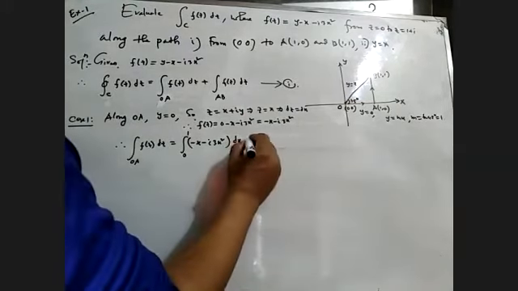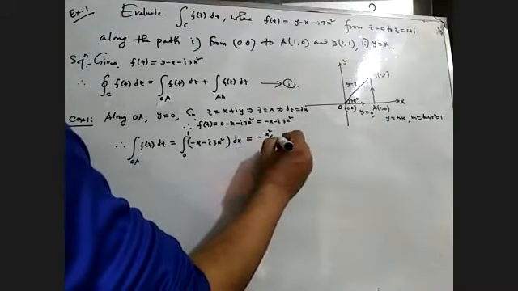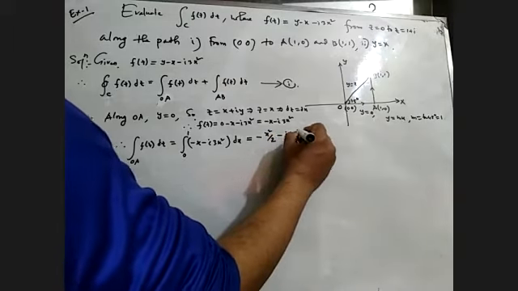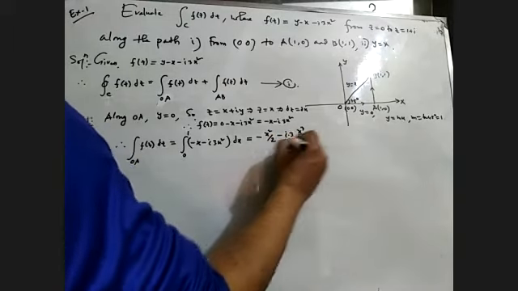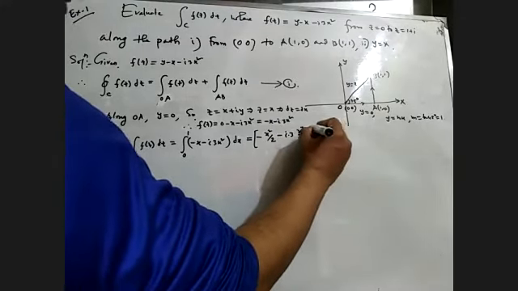So this integration will be minus x square by 2 minus i 3 times x cube by 3, with lower limit 0 and upper limit 1.